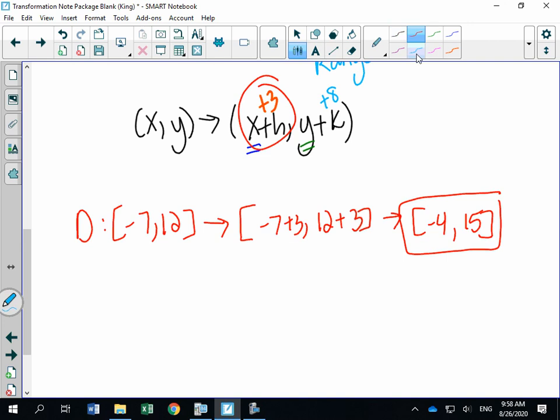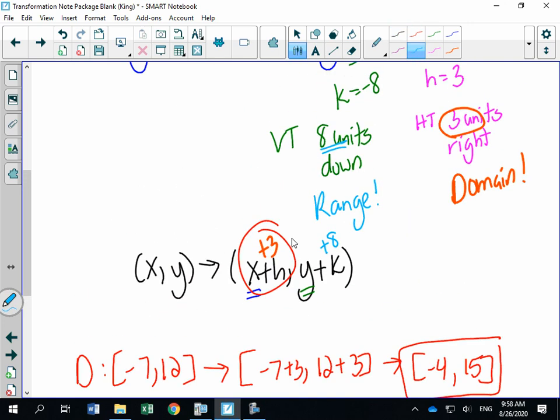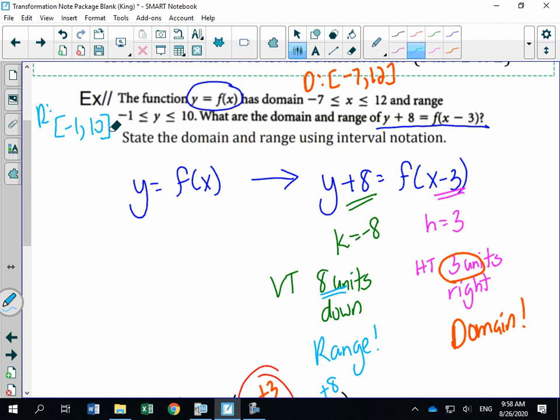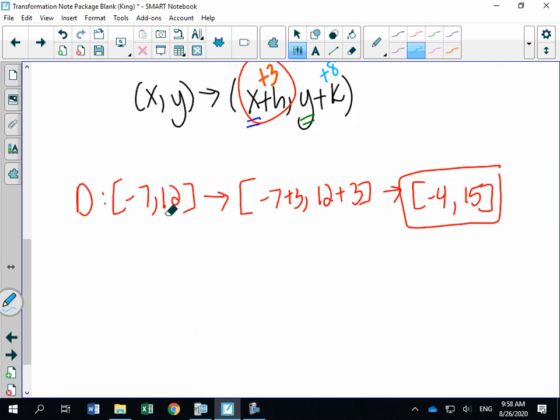My range now, let's go back to what they said my range was. My range was -1 to 10, and to each y value I'm going to add 8. Sorry, I'm going to subtract 8.